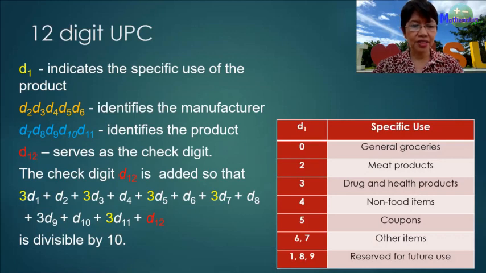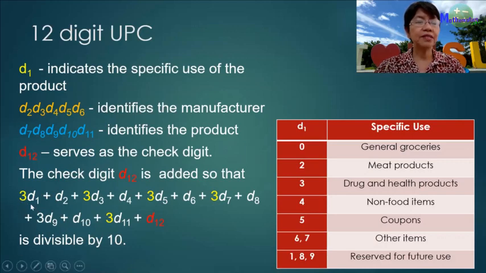The check digit, D12, is added so that it follows the formula here: 3 times digit 1 plus digit 2 plus 3 times digit 3 plus digit 4 plus 3 times digit 5 plus digit 6 plus 3 times digit 7 plus digit 8 and so on up to digit 12 is divisible by 10.